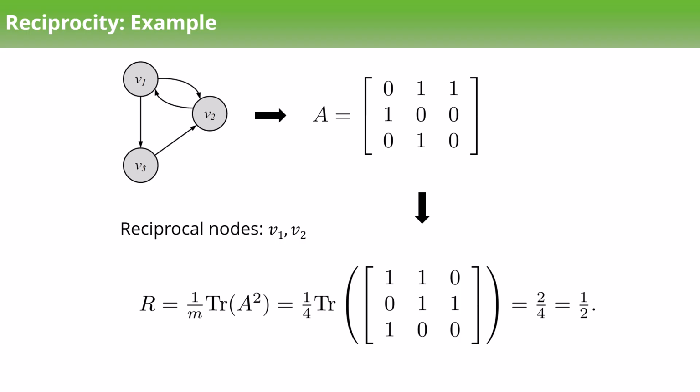We examine the directed edges between the nodes. For each pair of nodes, we check whether the relationship exists in both directions. For example, if we have A tends to B and B tends to A, then A and B are reciprocal nodes. Likewise V1 and V2 are reciprocal nodes, because there is a path from V1 to V2 and also from V2 to V1.